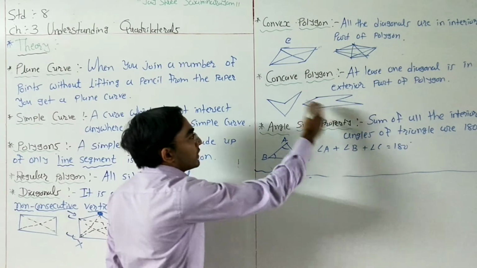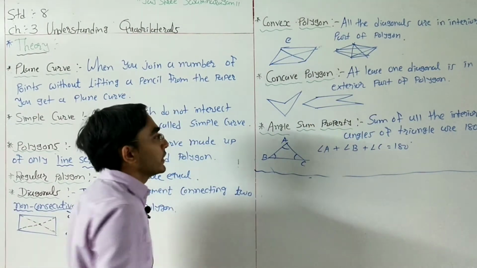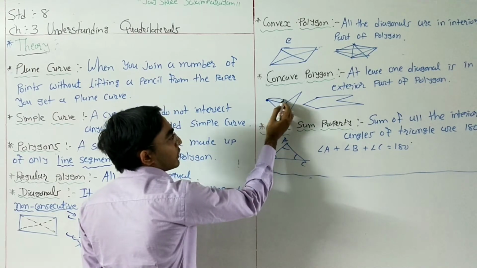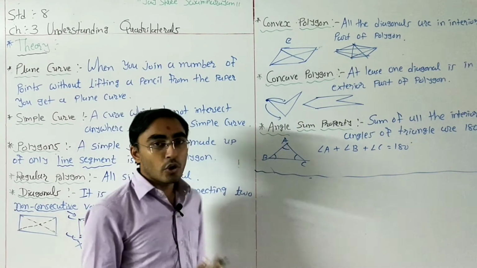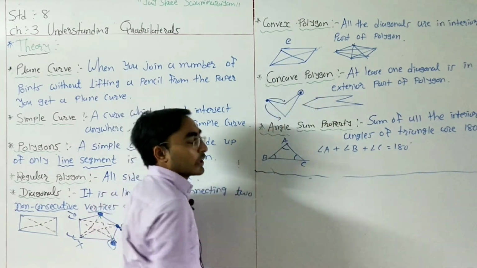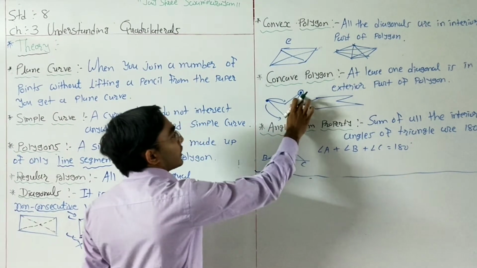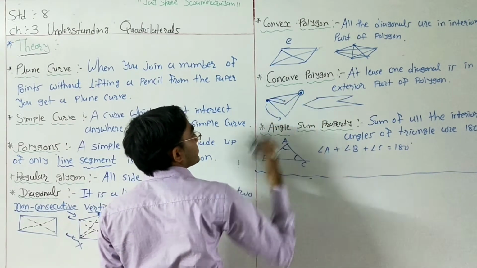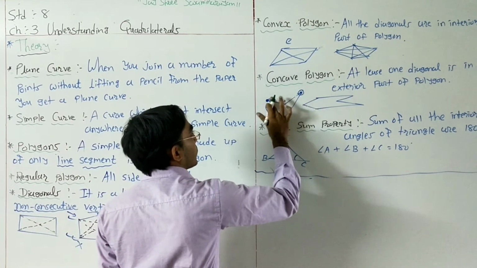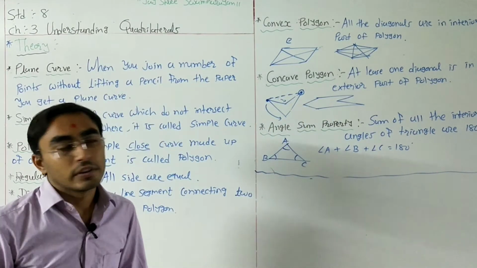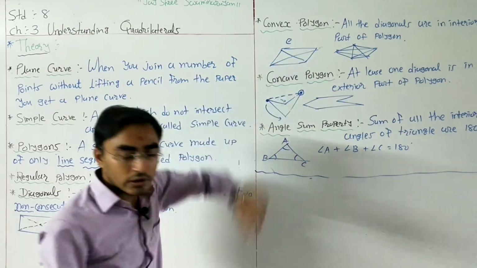Now just look at these two examples. Here we have one point. These two are consecutive vertices, but this is a non-consecutive vertex, right? So if we join these two points, then this is called a diagonal. This is one diagonal.